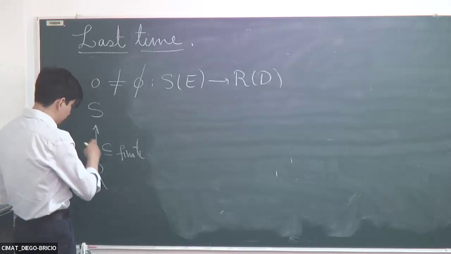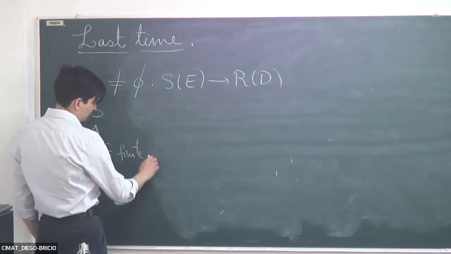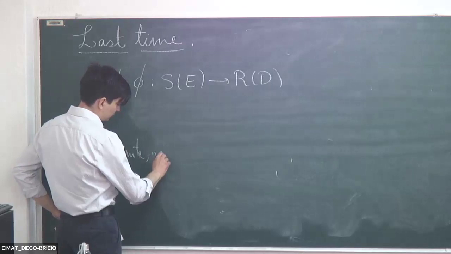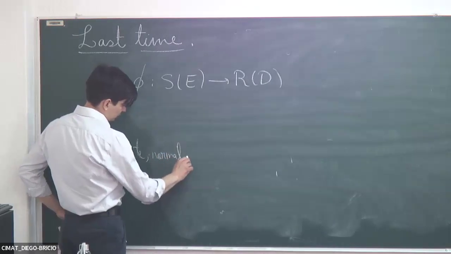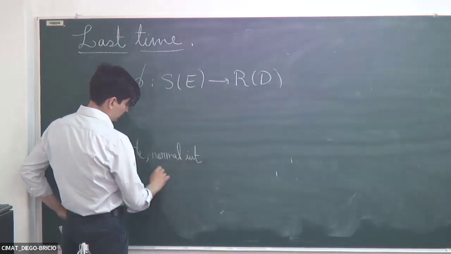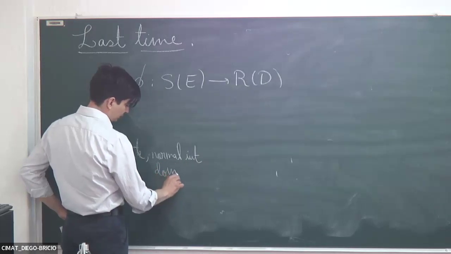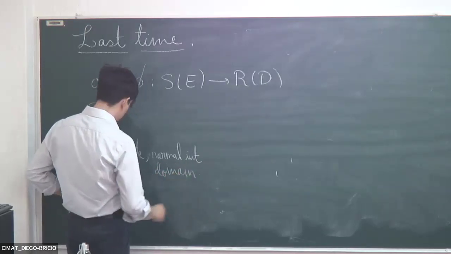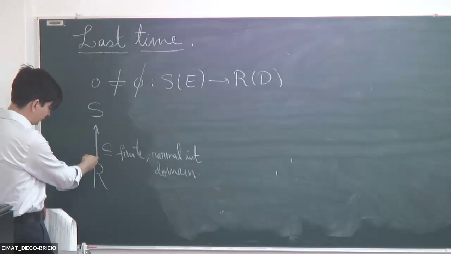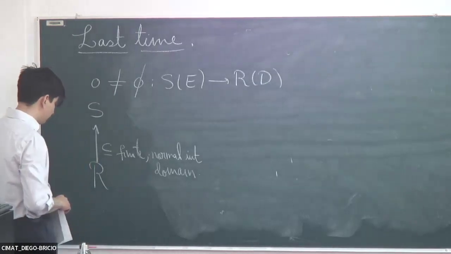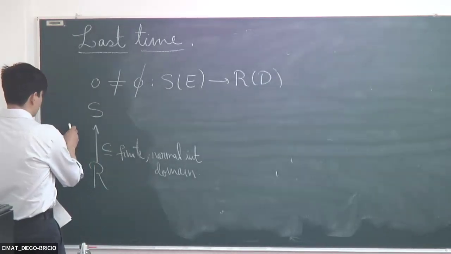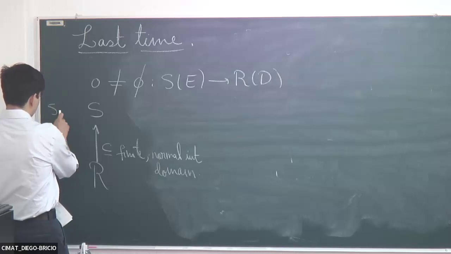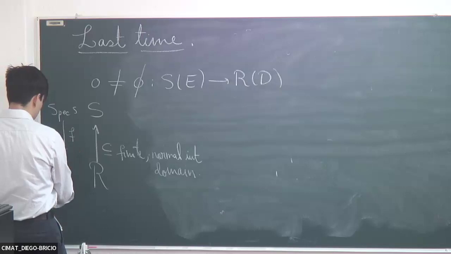We have a finite extension between normal integral domains. In this case, this means that these are integrally closed in their respective fields of fractions. So we like to think of the map of the spectra to be F.